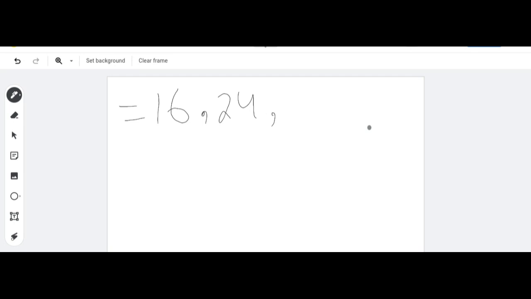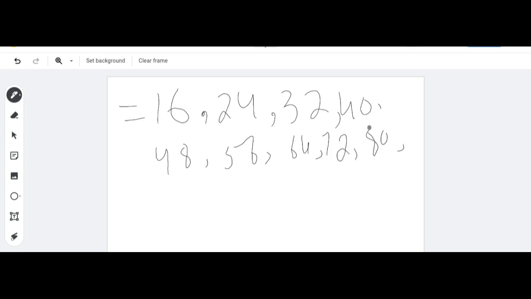Then 40, then 48, then 56, 64, 72, 80, 88, and then 96.